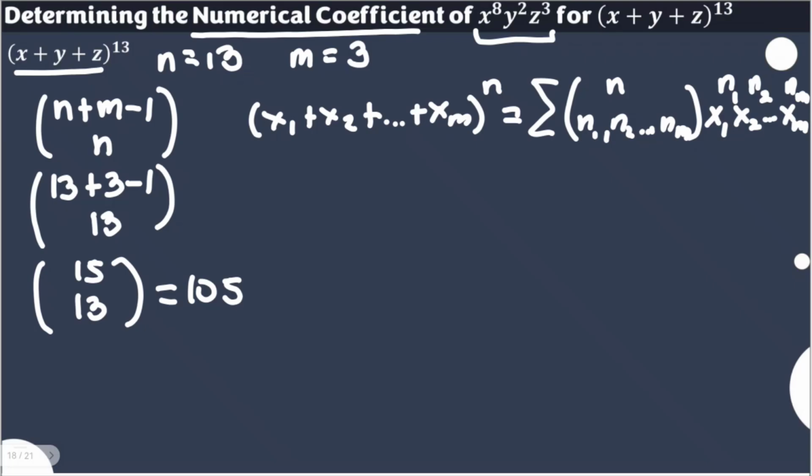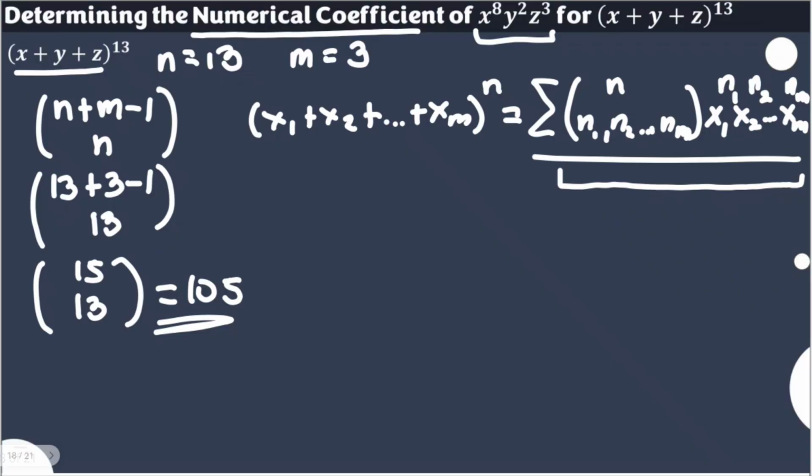When we expand, we will get here 105 elements using this. But for the numerical coefficient alone, we are going to use only this portion. We will not be subjecting it to the summation.